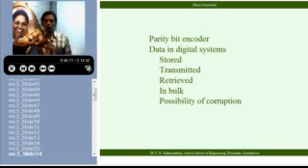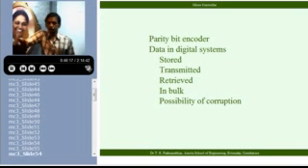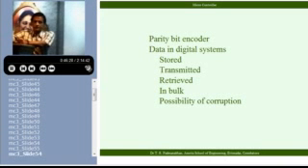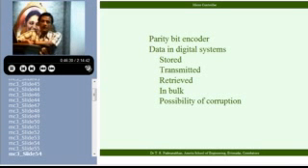This is done in all data processing work. In many of the activities that we deal with in digital systems also, it is built in. The simplest way of building such a redundancy is what is called a parity bit encoding. For a set of bits you are transmitting, you just add one more bit and you call it a parity bit.